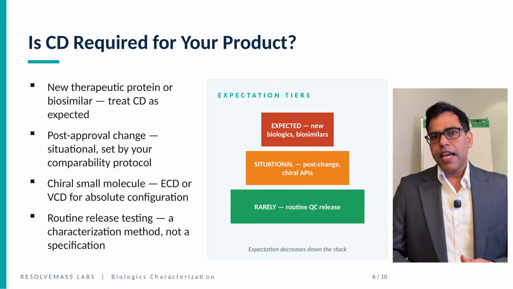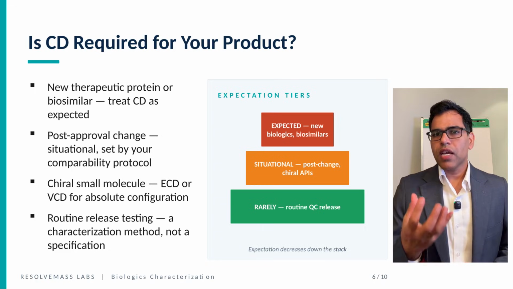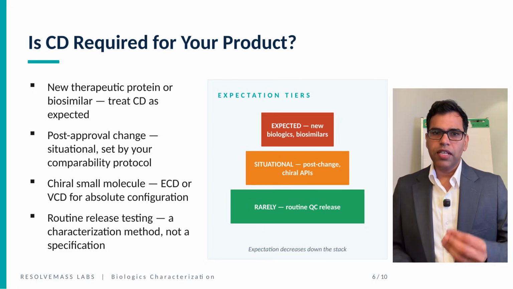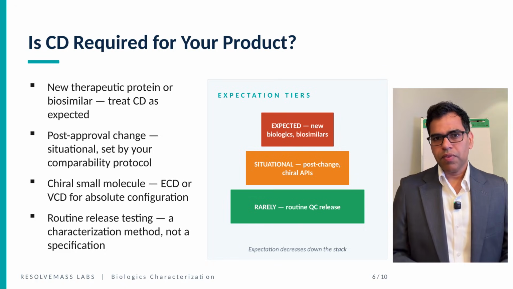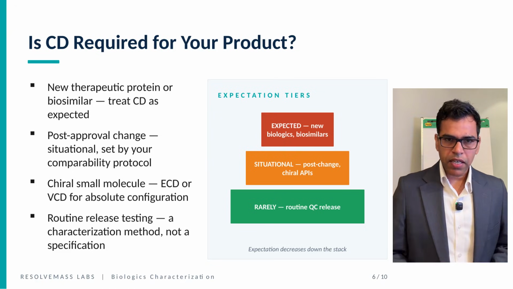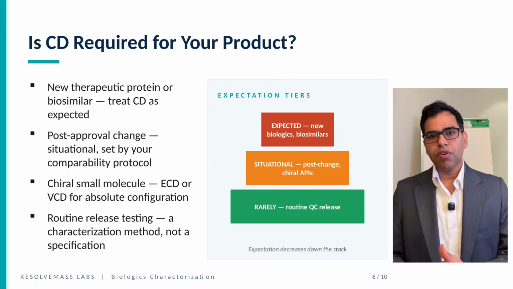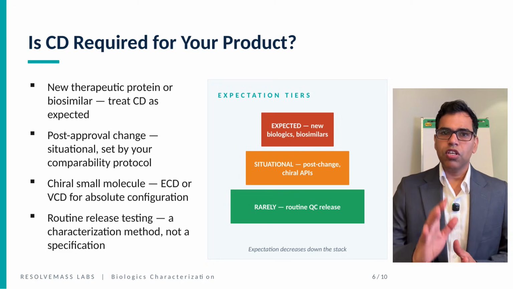Whether FDA expects circular dichroism from you depends almost entirely on what you are developing. So here is the honest tiering. Filing a new therapeutic protein or a biosimilar, treat it as expected. You will be asked for higher order structure data, and CD is the cheapest orthogonal way to supply it.